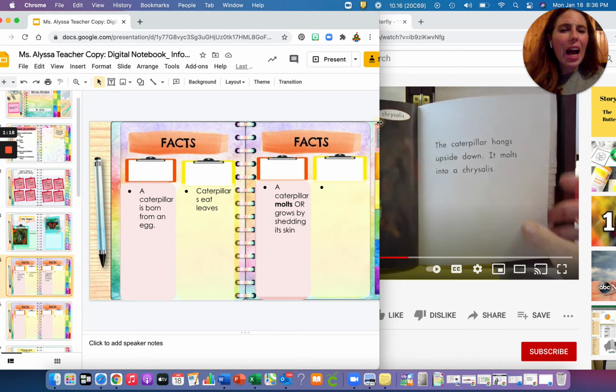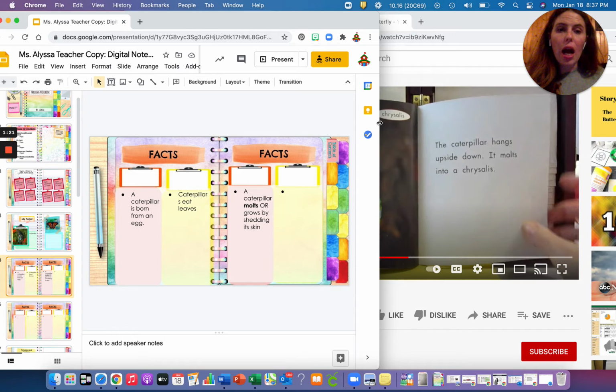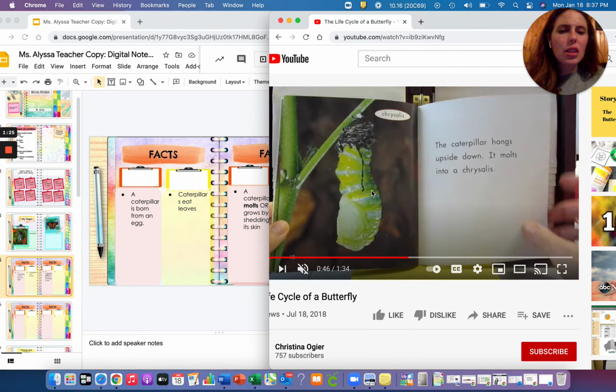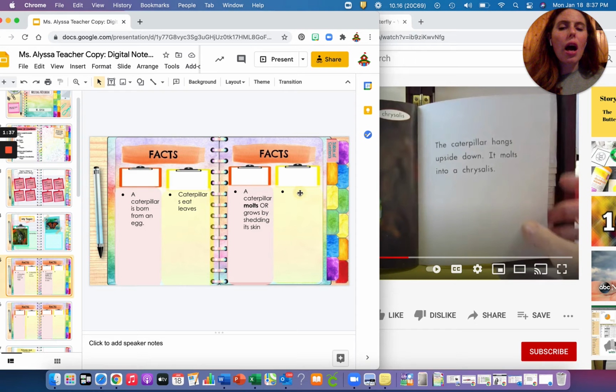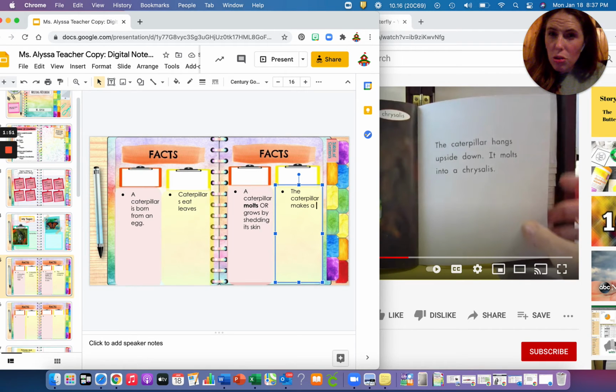So remember, as a reader, I'm listening and I'm understanding what I'm reading. And I learned that this casing that I can see around the caterpillar is called a chrysalis, right? And it hangs upside down in it. So I'm going to click into my notebook and add that the caterpillar makes a, and remember what I said to do about important words?